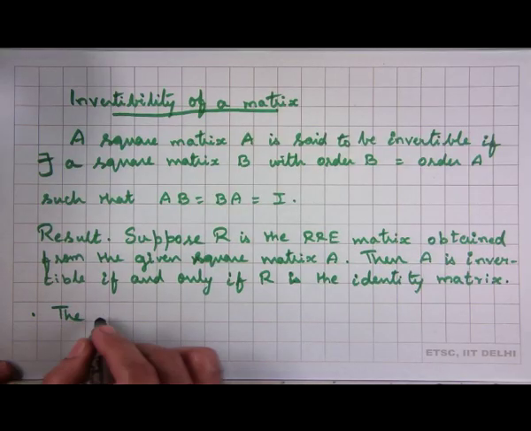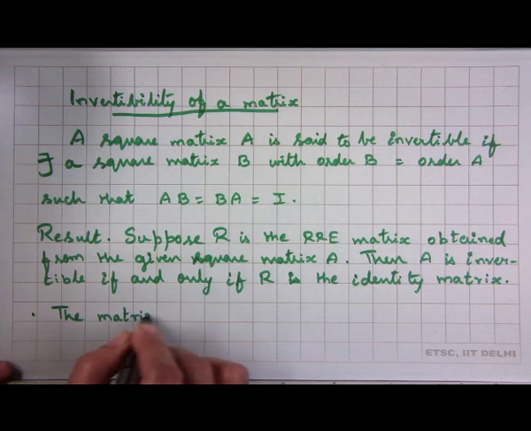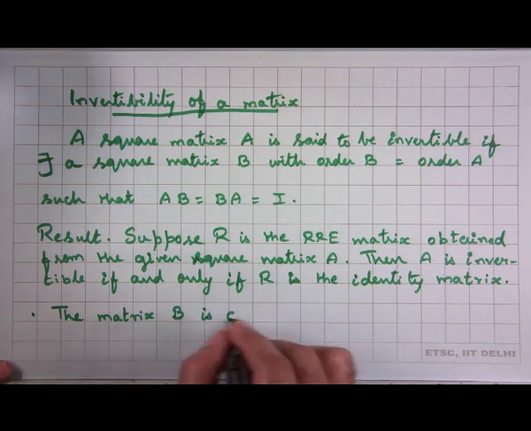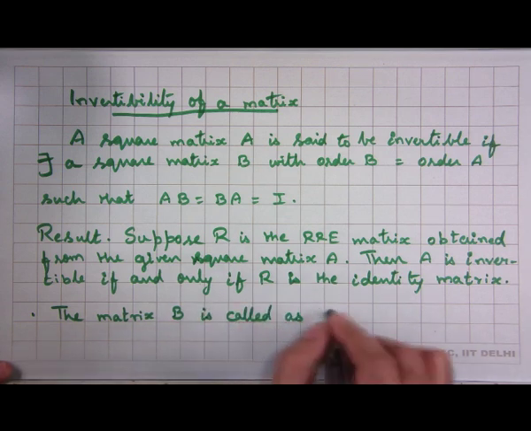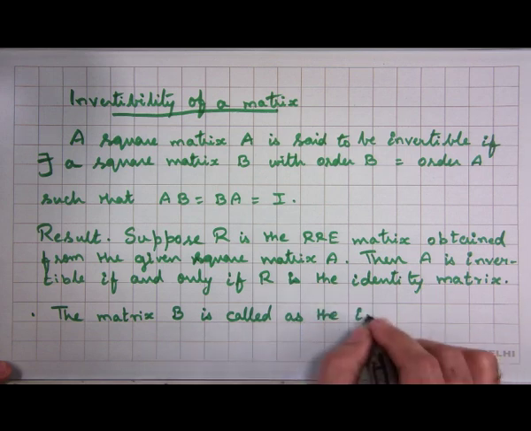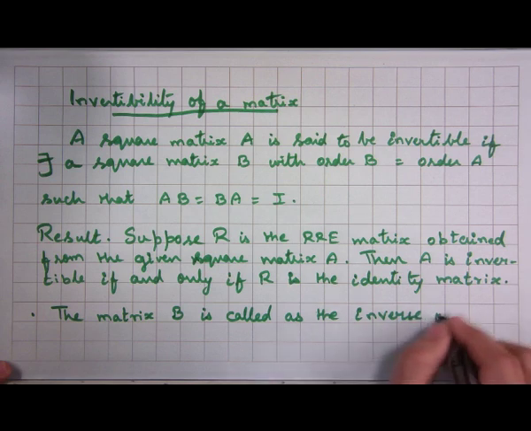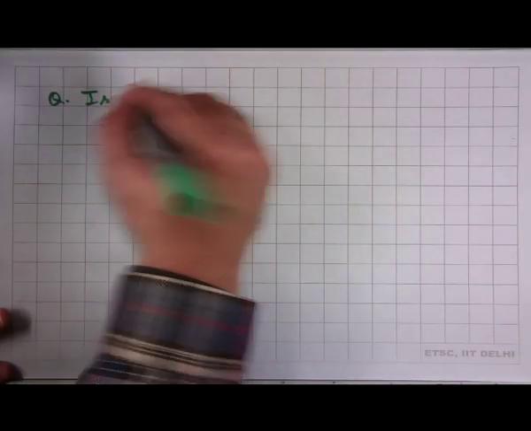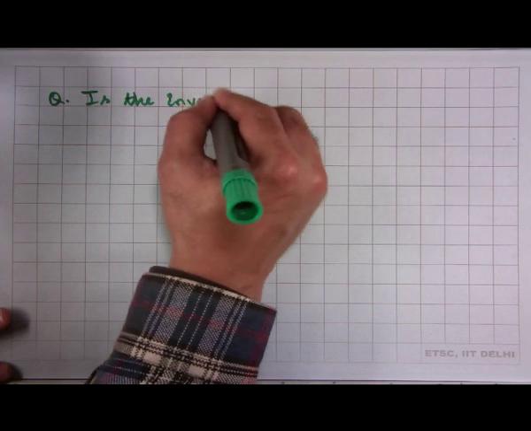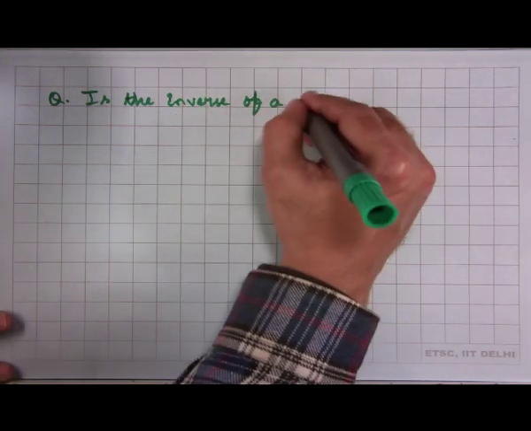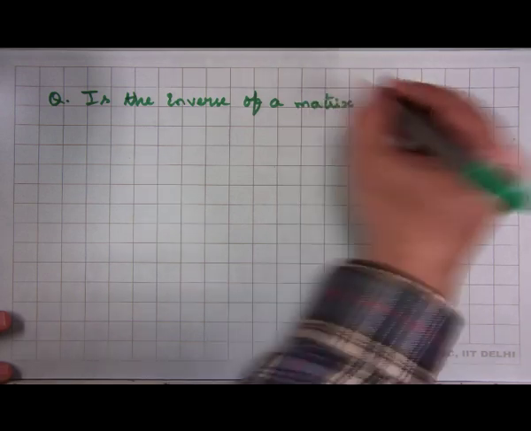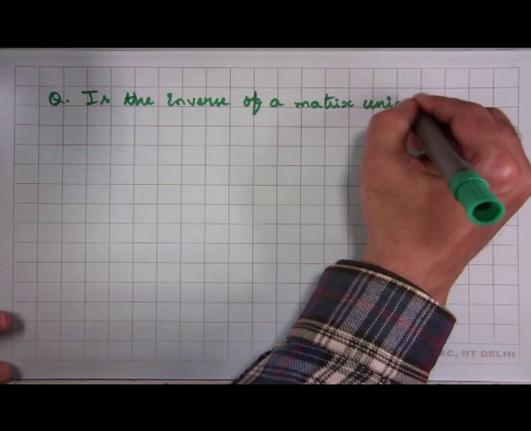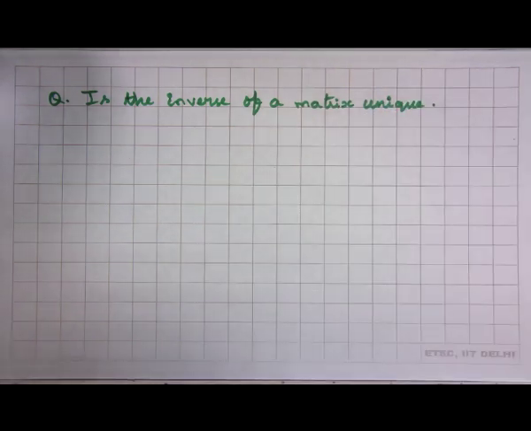The matrix B is called the inverse of A. The question is this: is the inverse of a matrix unique? In fact, the answer is yes.